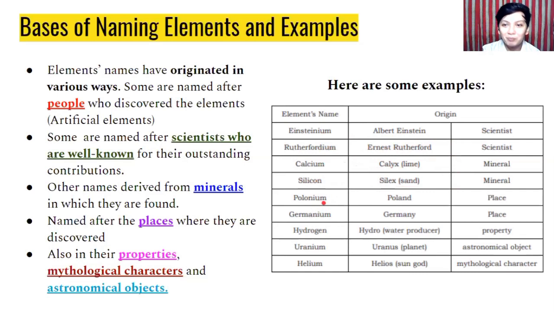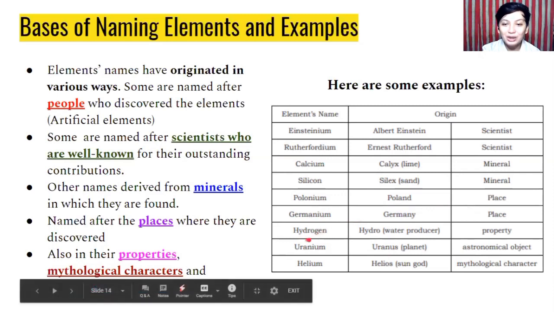Then polonium, its origin is from Poland, so it is named after the place. And then we have germanium, named after where it was found, Germany. And then hydrogen came from the word hydro, which means water producer, its property.